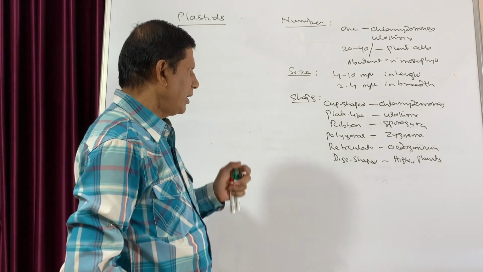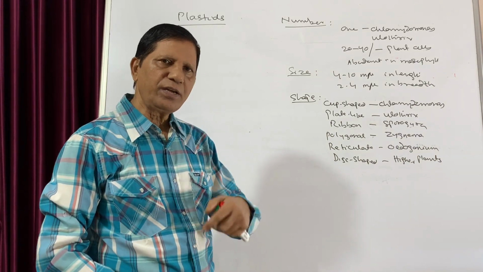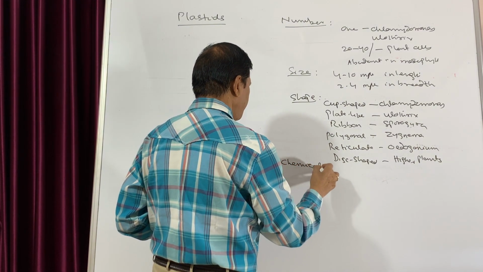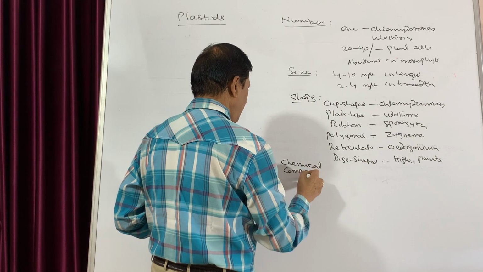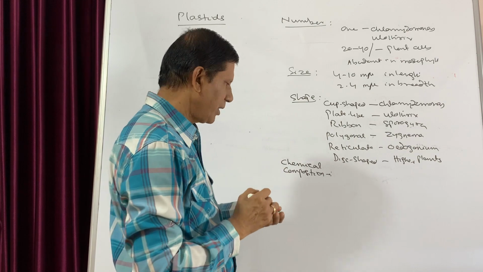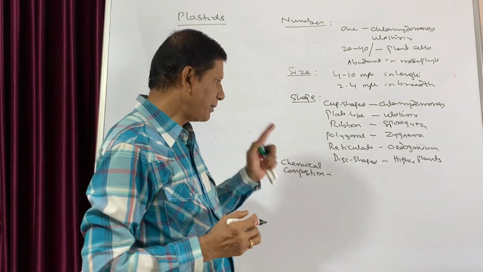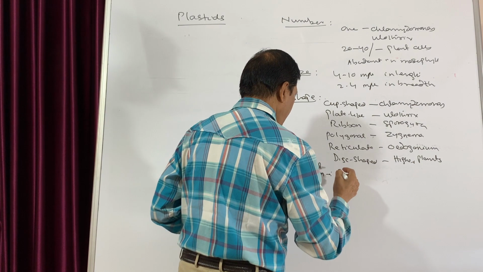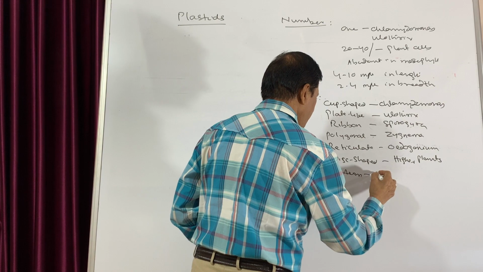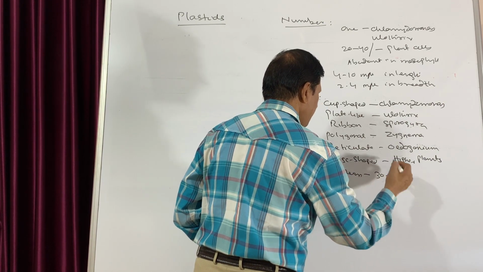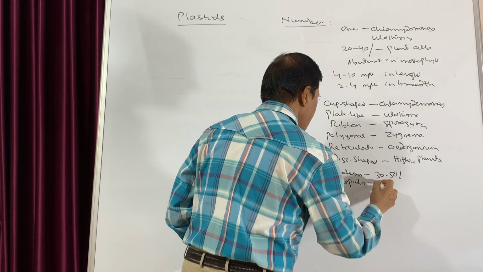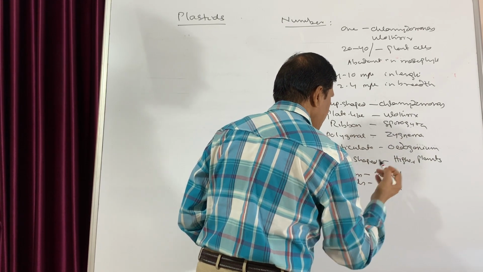The next thing that we will discuss is chemical composition, then we will go to the physical structure, because this is also very important in case of the chloroplast. Now, in case of chloroplast, you will find that proteins are about 30 to 50%, while lipids are 20 to 30%.